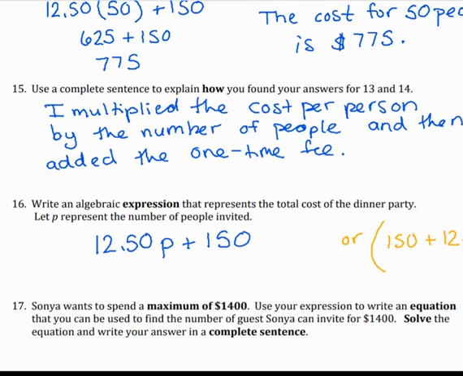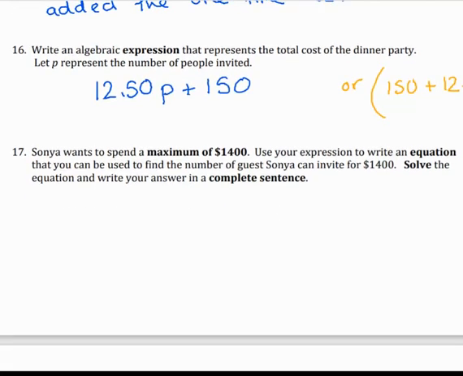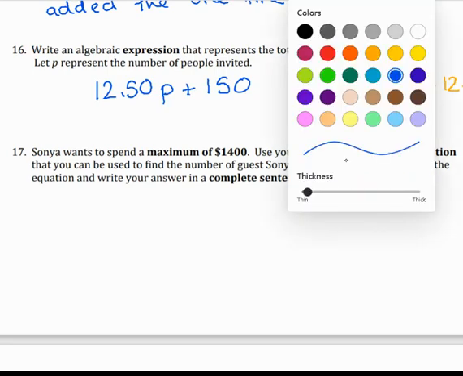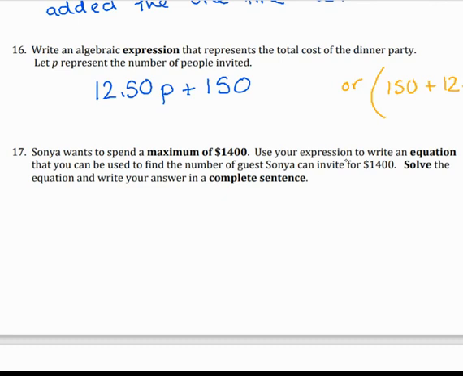Okay, now 17 says Sonia wants to spend a maximum of $1,400. Use your expression to now write an equation. Notice on 16, no equal signs, right? An expression does not have equal signs. 17 says now write an equation, so we are going to have an equal sign. Then solve the equation. The expression we came up with is 1250p plus 150.